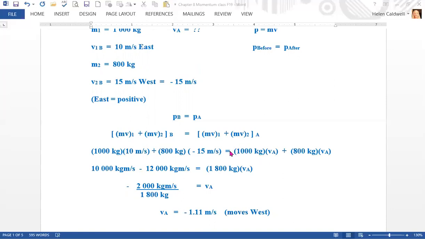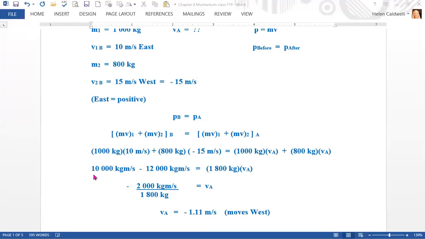The numeric coefficients add because of this plus sign right here. So 1,000 plus 800 is 1,800 kilograms, and this sum is times v after.